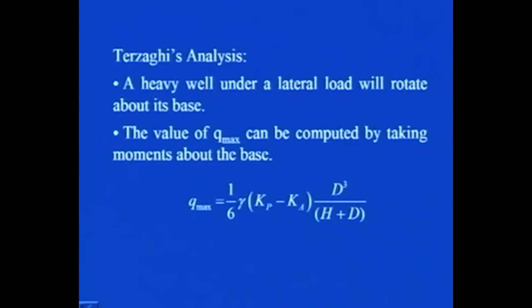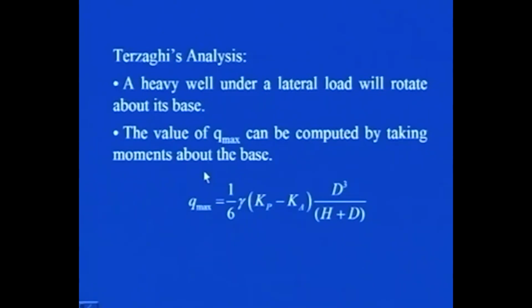But in the case of a heavy well, under any lateral load, it will rotate about its base. So, that point O will shift to the base of the bulkhead. In that case, the value of q max can be computed by taking moments about the base directly.